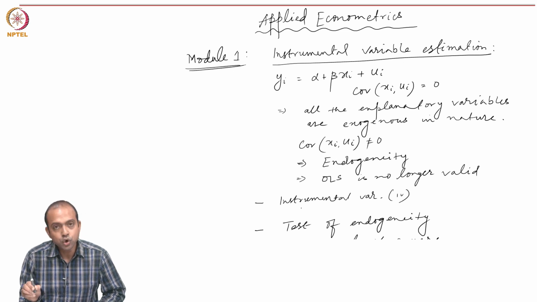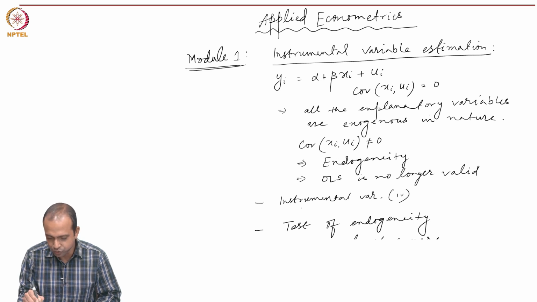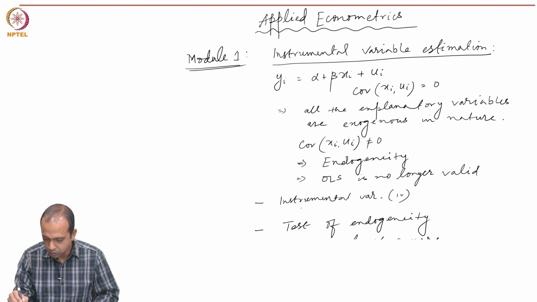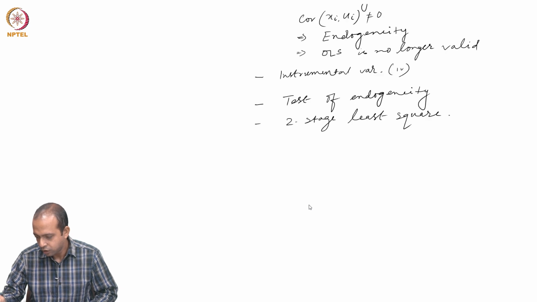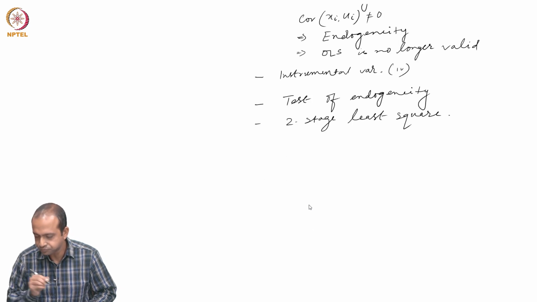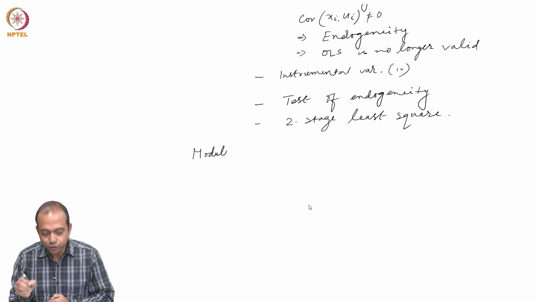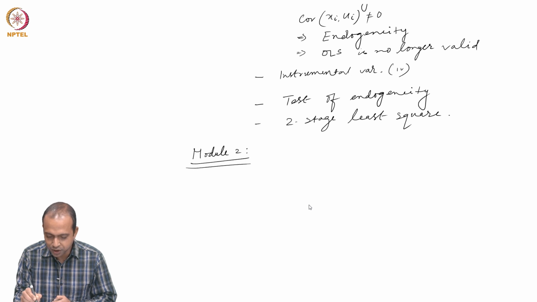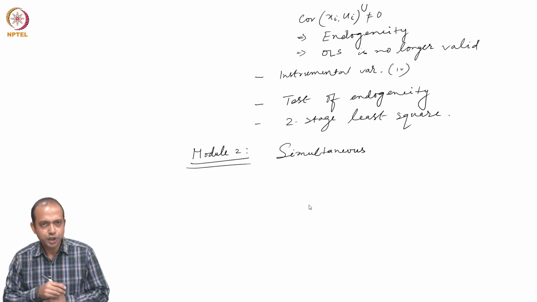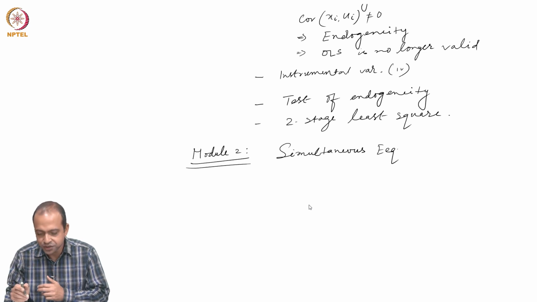In module 2, we are going to discuss the simultaneous equation model, in short, SEM. Now, why is this model required? Again, if you recall, in our introductory econometrics, when we discussed this type of model, yi equals alpha plus beta xi plus ui, we assumed that the direction of causality always runs from x to y.